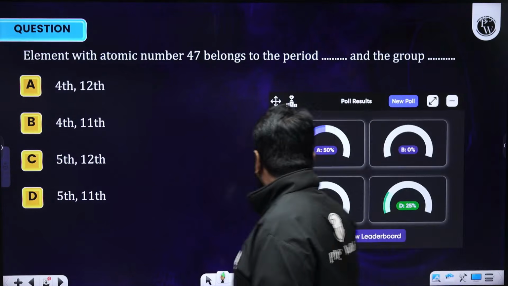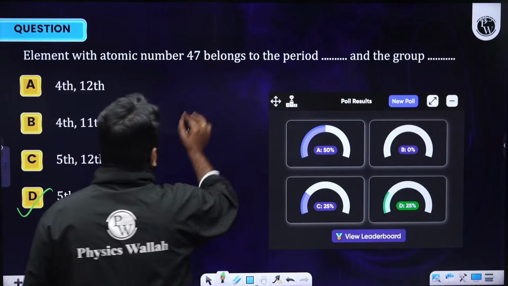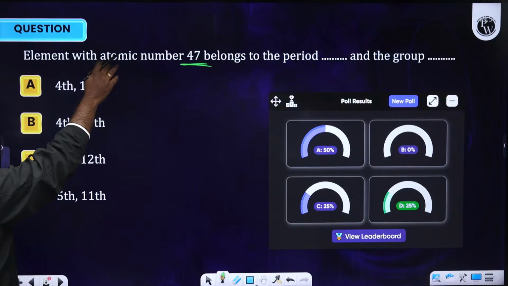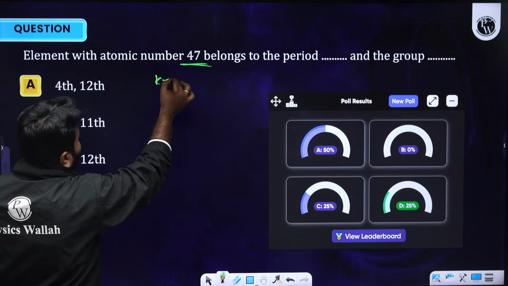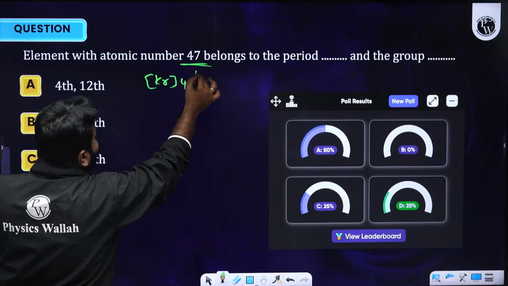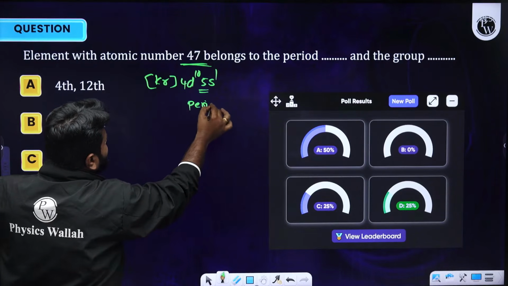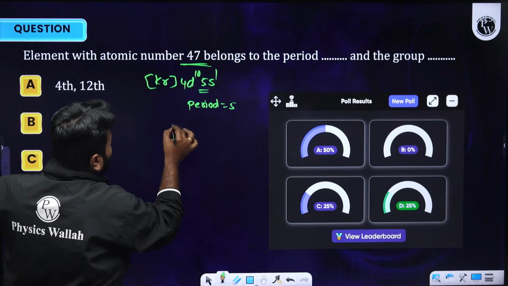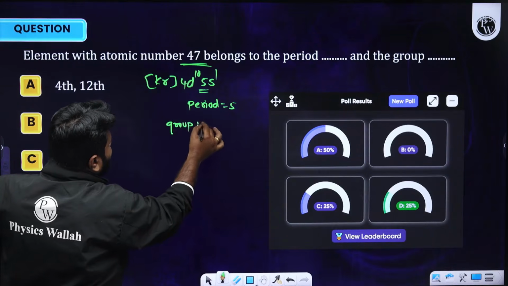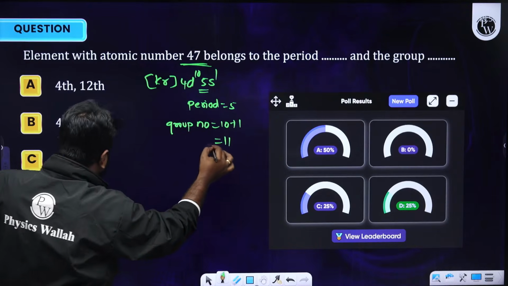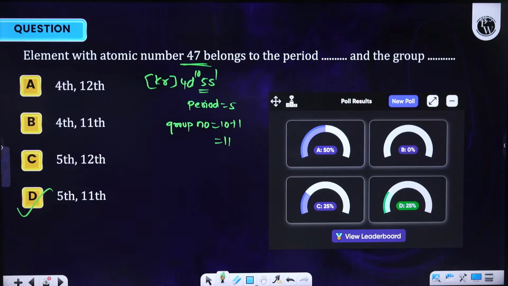Option D is the correct answer. How option D? For 47, before that we have krypton. Krypton 4d10 5s1. So automatically the period is 5. What will be the group number? 10 plus valence electron, 1 valence electron. So the group number is 11. 5 and 11 is the answer. Option D is the right answer.